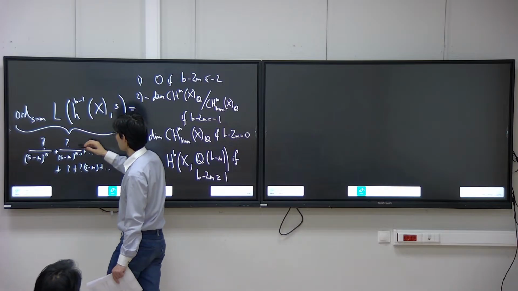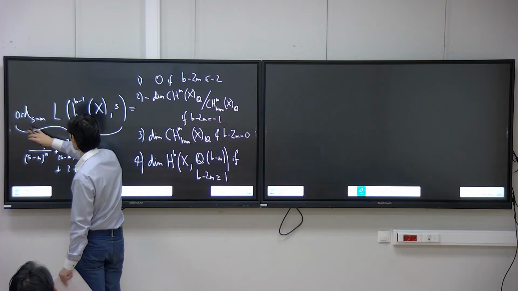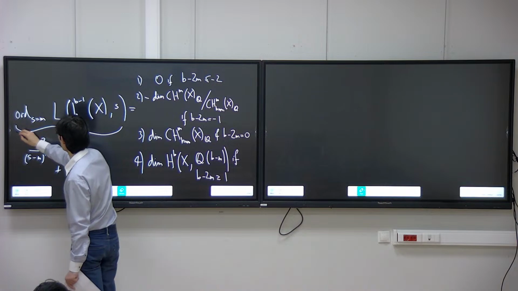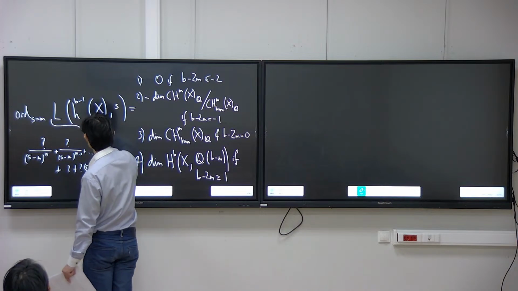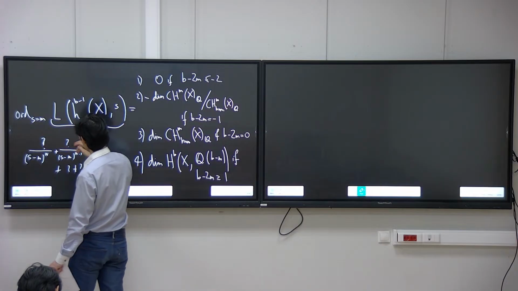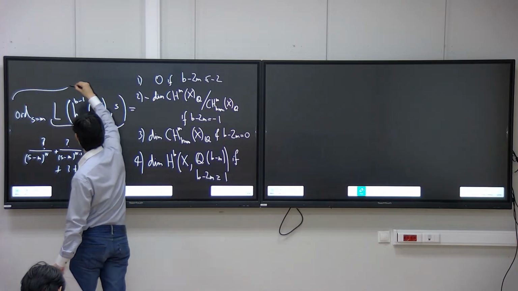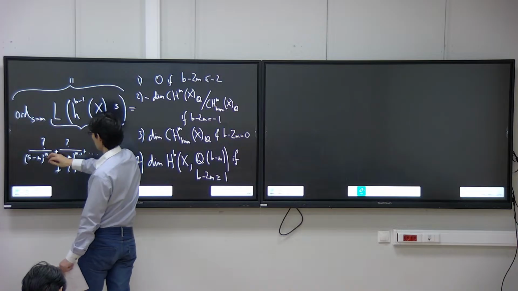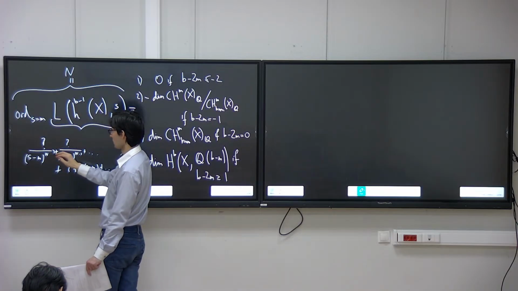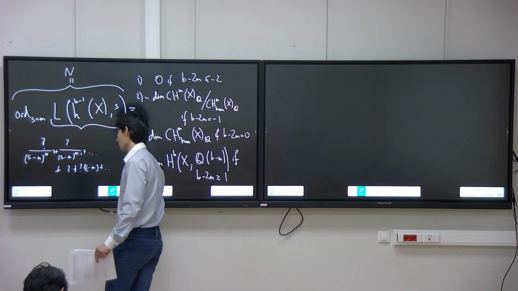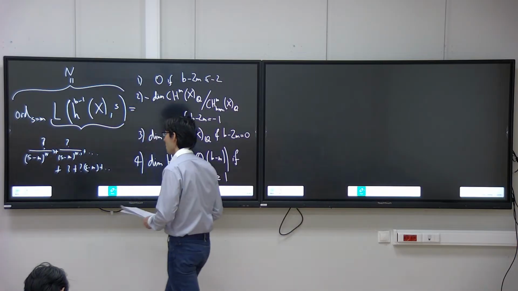This number here, by definition, this is the L-function, sorry. This number here is equal to n, capital N. We're interested in the pole order, basically. Or it could be a zero order.